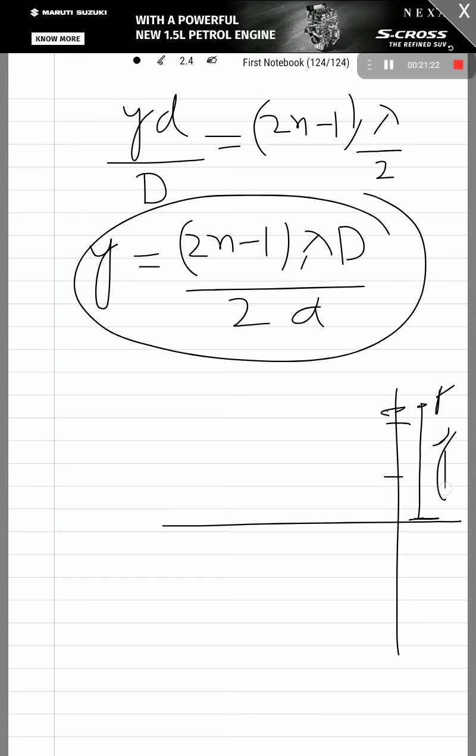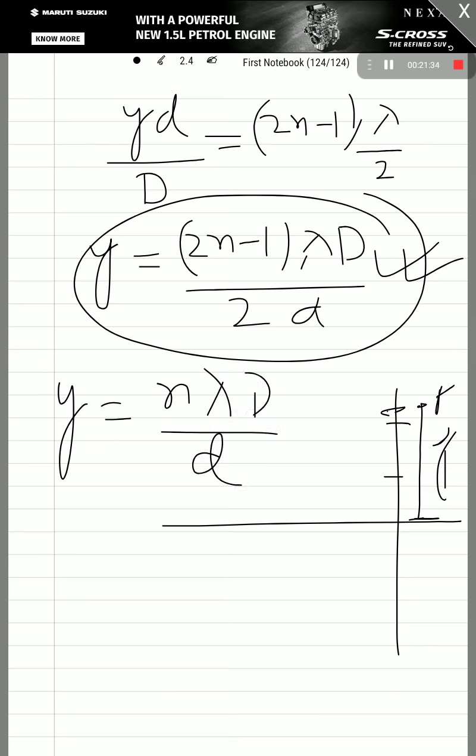Whenever y equals (2n minus 1) lambda D upon 2d, you will get minima, and when y equals n lambda capital D upon small d, you will get a maxima.